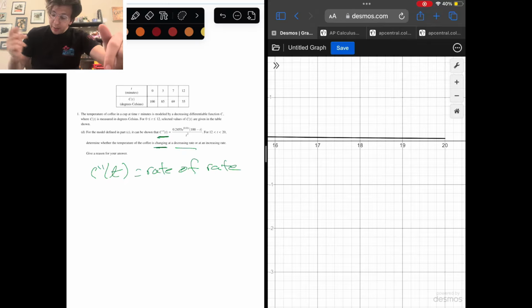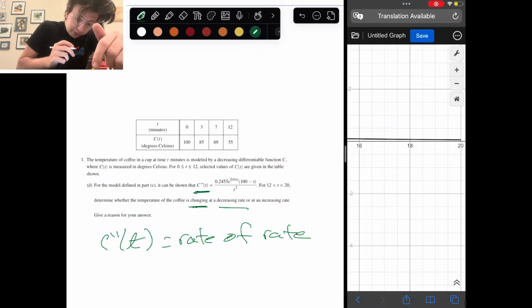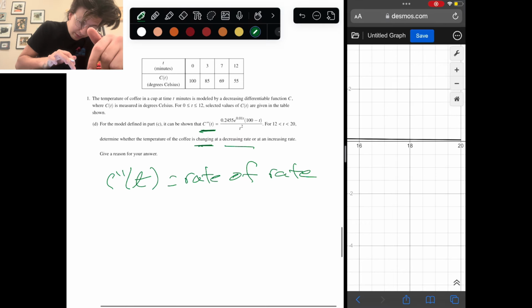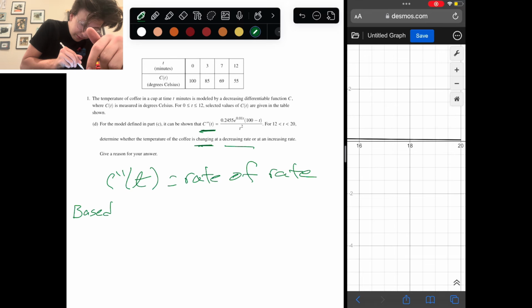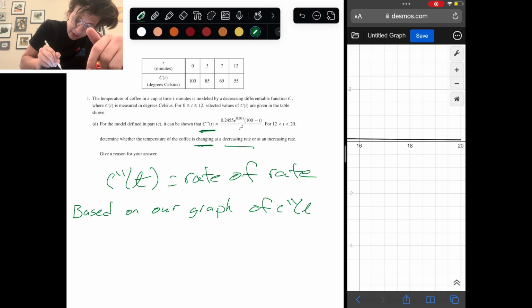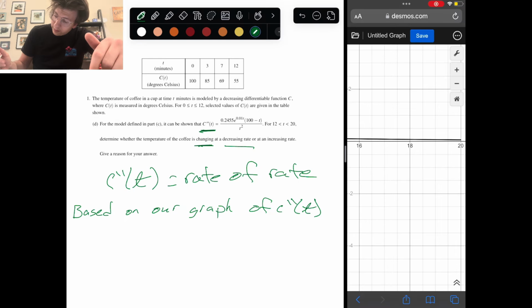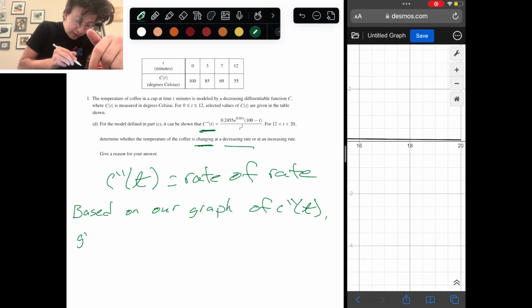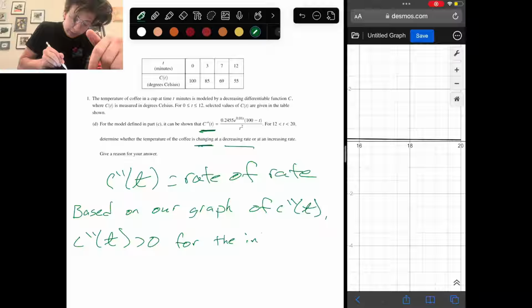Okay, so what I'm going to say in our explanation is: based on our graph, C double prime of t is greater than 0 for the interval 12 is less than t, which is less than 20.